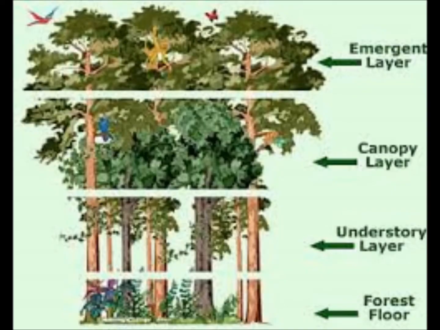So for this one, it's going to help to know the order that the layers go in a forest. And for some reason, instead of using canopy and emergent layer, they use crown instead, but it's hard to find a diagram with that. So really what the emergent layer is, it's the top level, and they're going to note this in the question by upper crown. And so what you would expect is that this would be the most absorptive, but because it's getting sunlight all the time, it's not as absorptive.